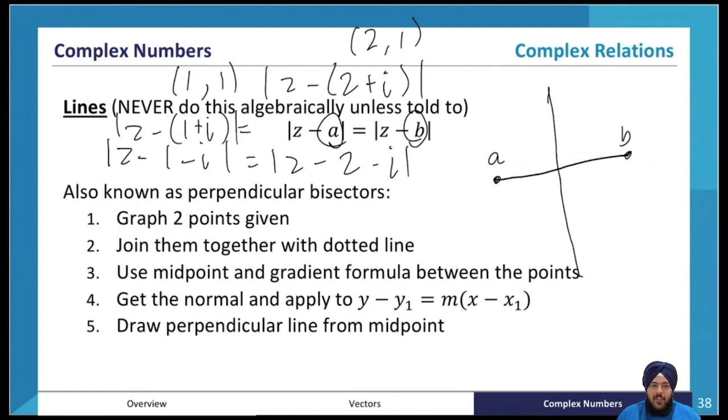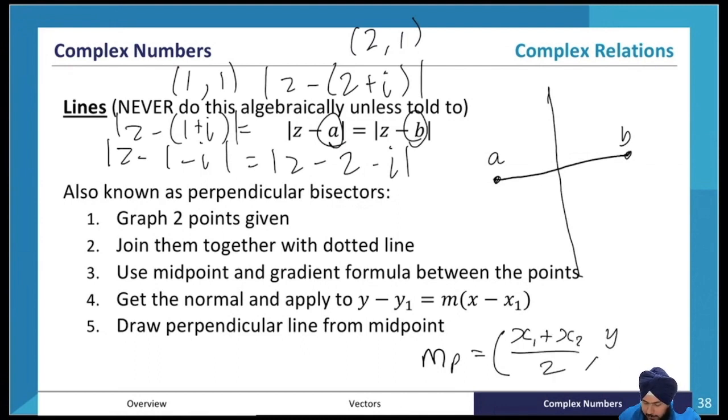Now first of all, we find the midpoint between these 2 points. So if you know it from methods, the midpoint is just x1 plus x2 over 2, comma, y1 plus y2 over 2. That is just what the midpoint is.